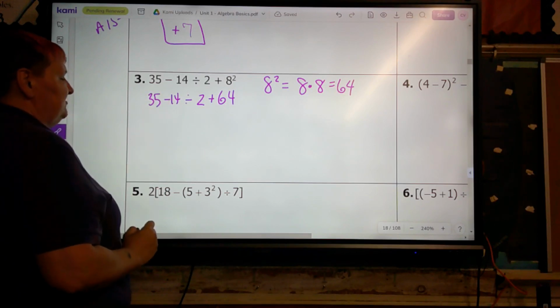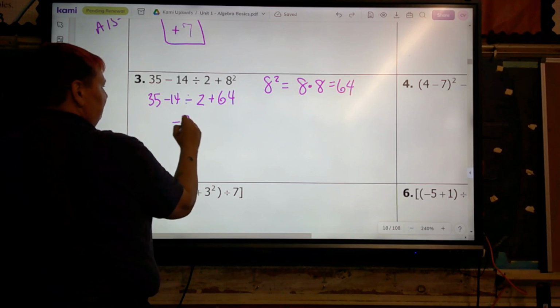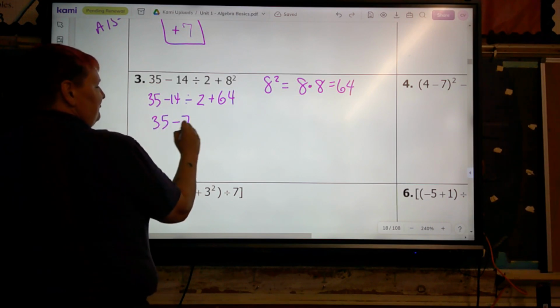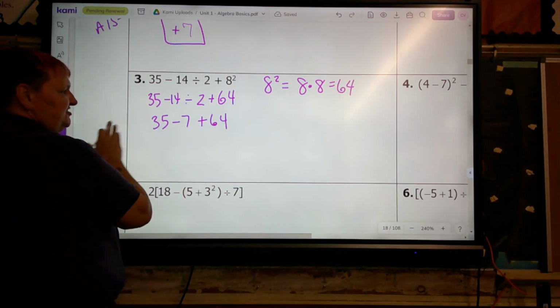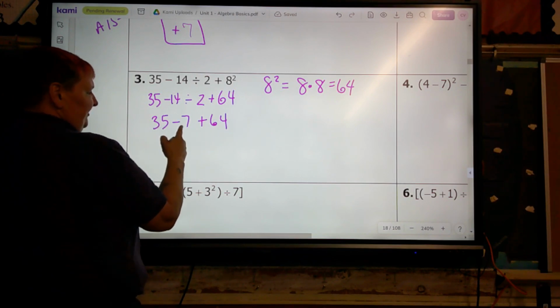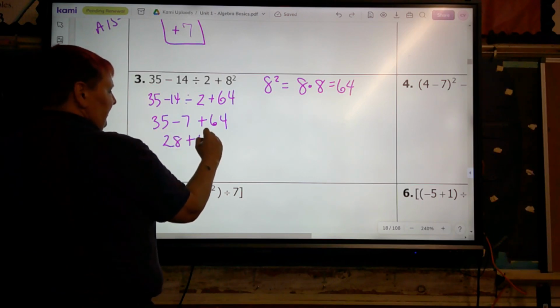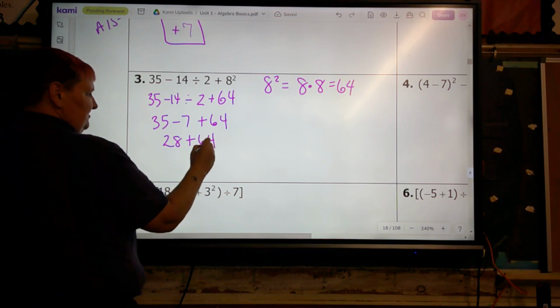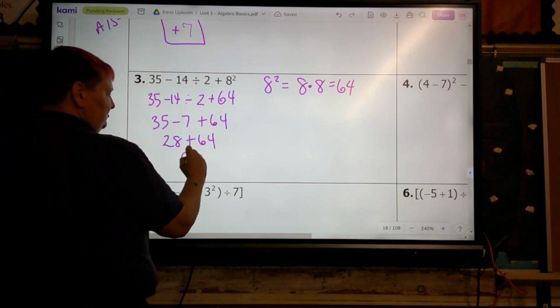Alright. Division comes next. Negative 14 divided by 2 is negative 7. So it's going to be 35 minus 7 plus 64. Addition and subtraction, you go left to right, whichever comes first. 35 minus 7 is 28. 28 and 64 is 92.